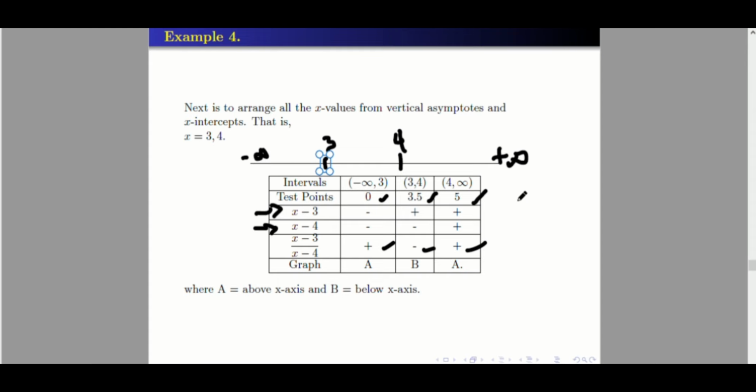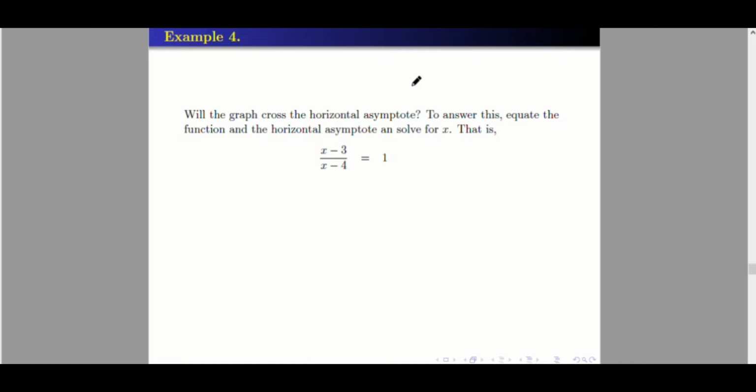Before we draw, let's check first whether the graph will cross the horizontal asymptote or not. So this is now our simplified form of p of x, and this is 1, our horizontal asymptote. So cross multiply. So you have 1 times x minus 3 and 1 times x minus 4, because 1 can be written as 1 over 1.